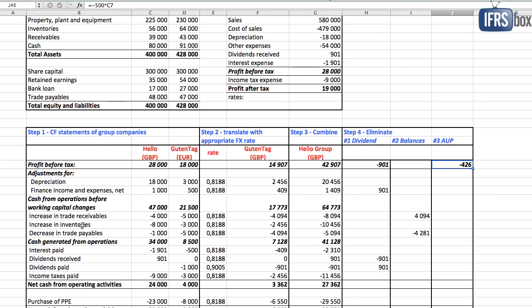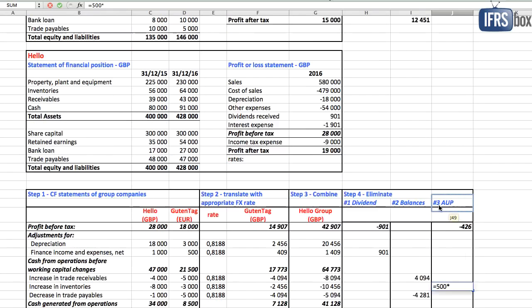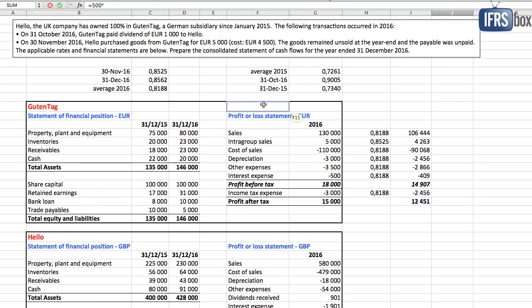Then, parents' inventories are overstated by the unrealized profit of 500 euros, and it affected the line increase in inventories. Without this profit, the increase would have been lower, and therefore we need to add it back. What rate? Well, the UK parent recognized the inventories at the transaction date rate, the historical rate.